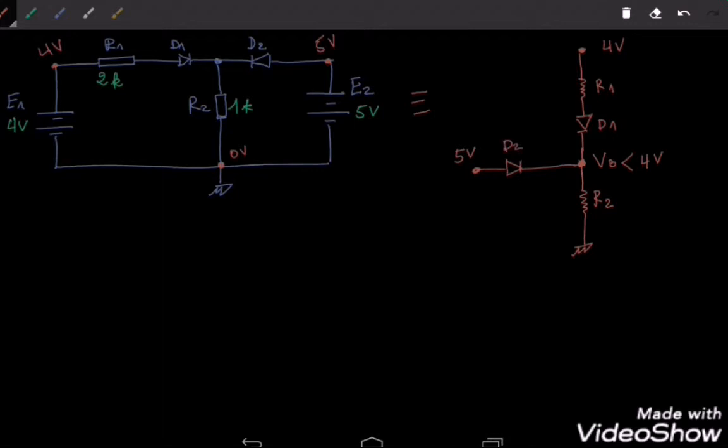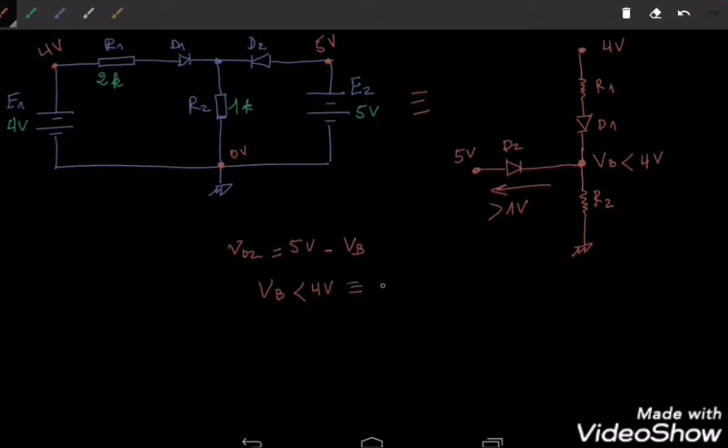So in this case, if D1 is conducting, then D2 cannot be blocked, because the potential across D2 should be higher than 1 volt, right? Let me explain this point. VD2 is equal to 5 volts minus VB. I know that VB is smaller than 4 volts.